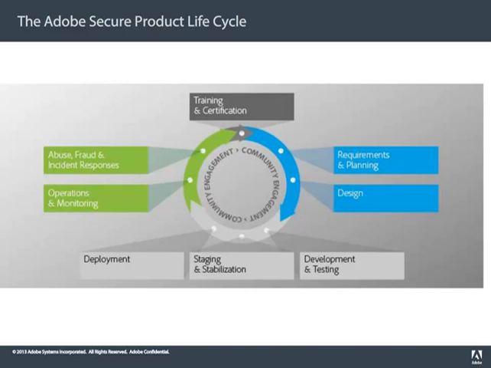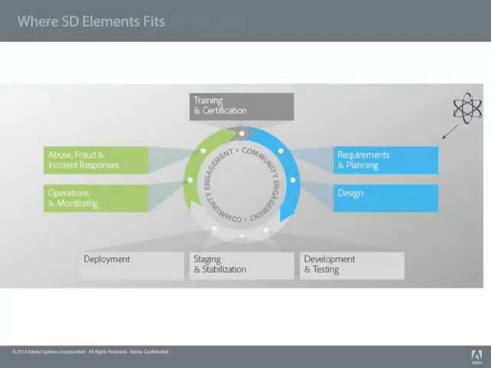And so we have a training aspect to the SPLC, which distributes out security knowledge to managers, engineers, and testers so that they can apply security concepts and information right into the development process. And so that feeds into activities that we do during the requirements and planning phase, as well as the design and implementation phase, all the way out through deployment and then into production.